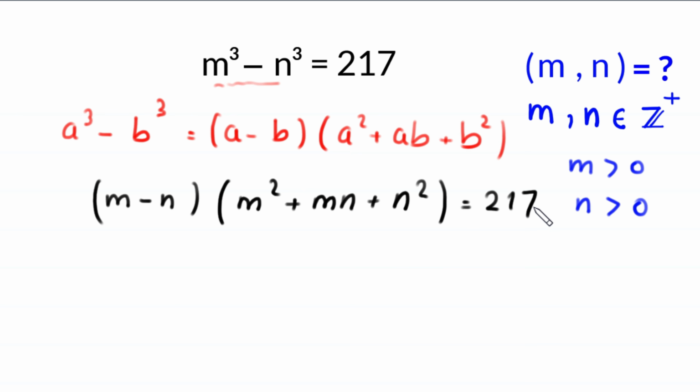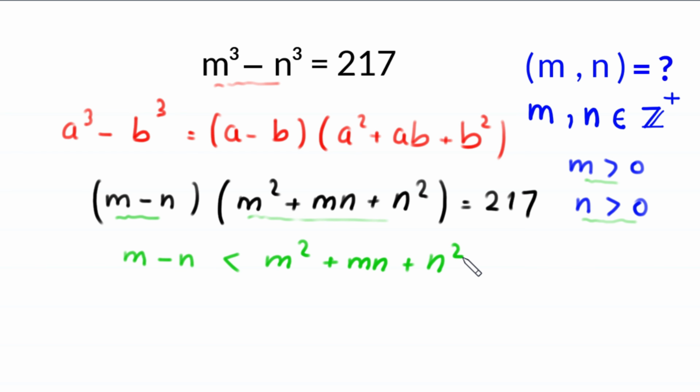Now we have a product of two factors at the left hand side, and because m is greater than 0 and n is greater than 0, this expression m minus n is strictly less than this expression m squared plus m times n plus n squared.